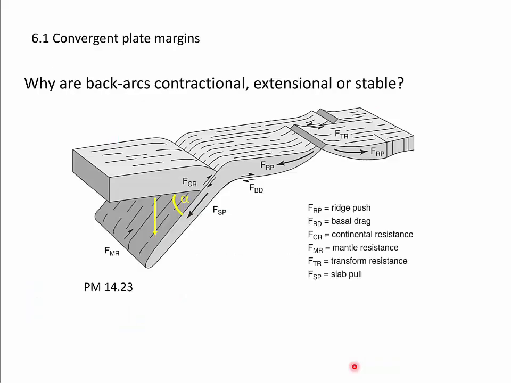We now have seen different examples and descriptive velocity vectors that generate contractional, extensional or stable back arcs. Now, why is that so? Why do we form sometimes the one and sometimes another version of back arcs, or we even change over time, like in the example from Japan, extensional to stable, or perhaps even extensional, stable to contractional back arcs?